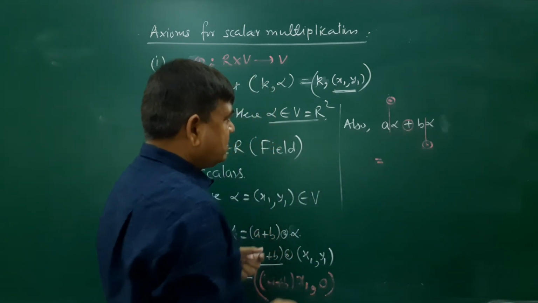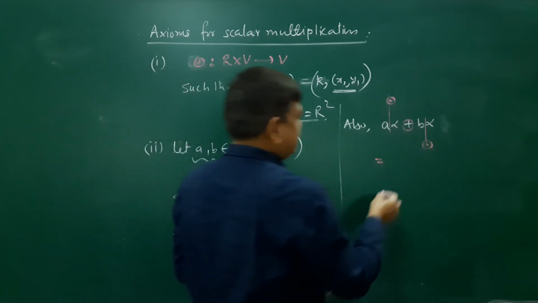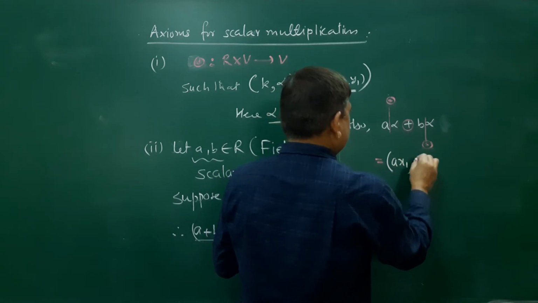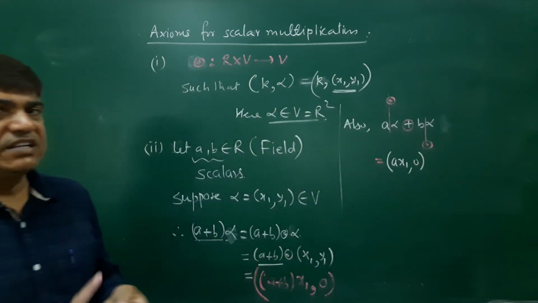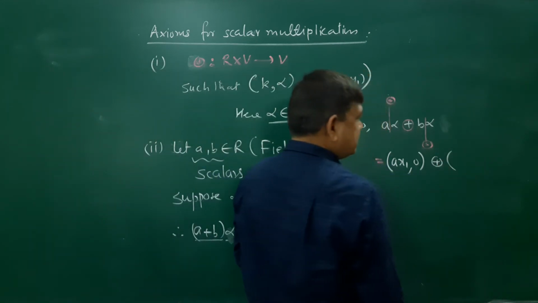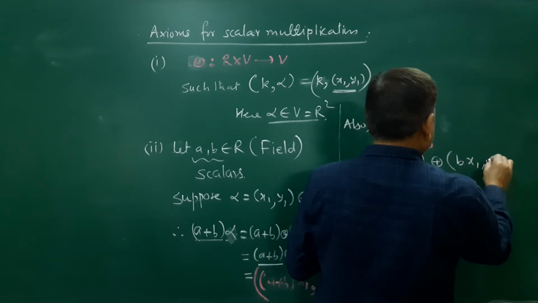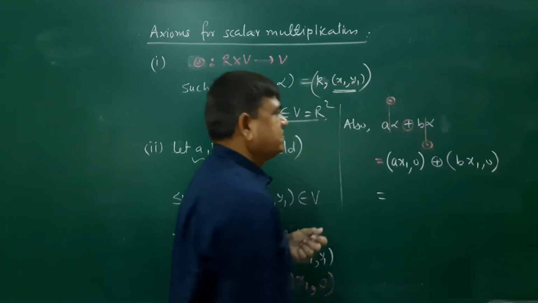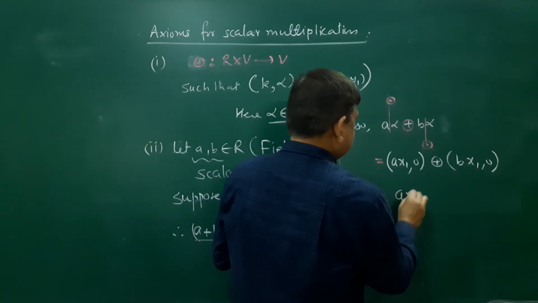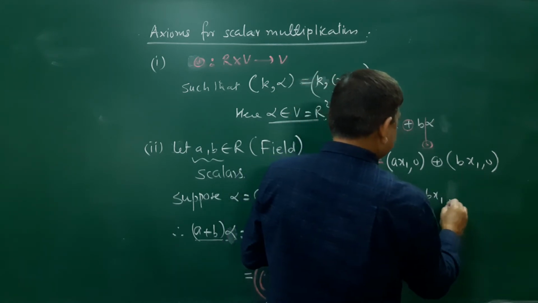So it is A alpha, and by definition A alpha is A x1 comma 0, because alpha is x1 comma y1. This is B x1 comma 0. How to add? First to first. So it is A x1 plus B x1, 0 plus 0.